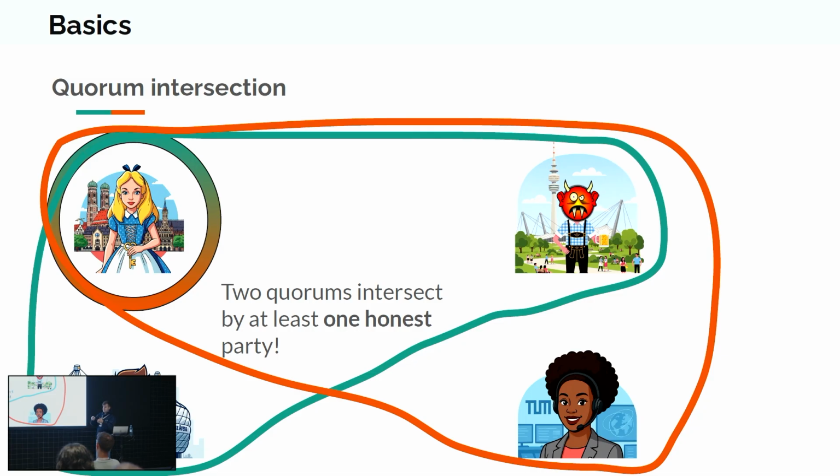And to prove some safety property about consistency, you can basically rely on that honest guy who participated in that quorum, and since he's honest and doesn't want to break the protocol, based on that knowledge, we can argue about the safety of the protocol, about the consistency of the logs of all honest participants.